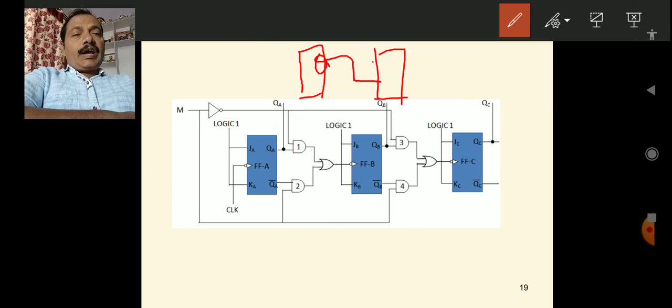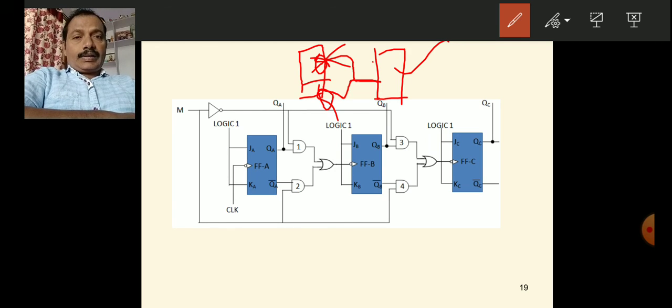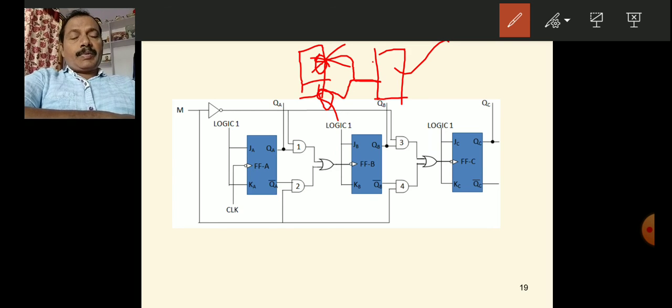Instead of that, if you connect the Q bar output like this to the clock of this flip flop, then it will act as a down counter. This is the important point you have to remember.